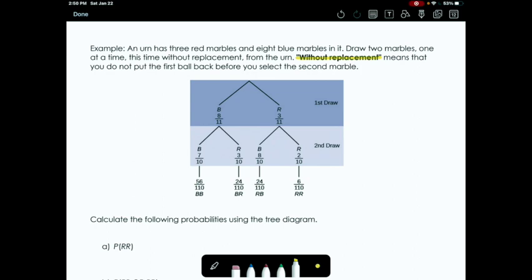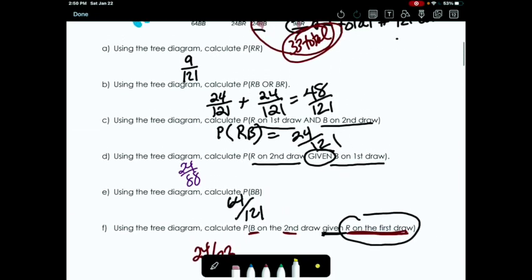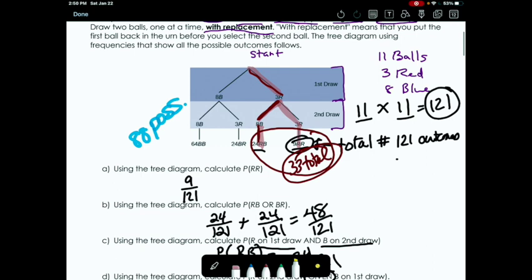Okay, the other thing that's different compared to the previous example is in this example, we're actually listing the probabilities, you can see them here, the probabilities on the tree diagram rather than the frequencies. When we look back up here at the previous example, we listed the number of balls or what could happen in each of those draws.